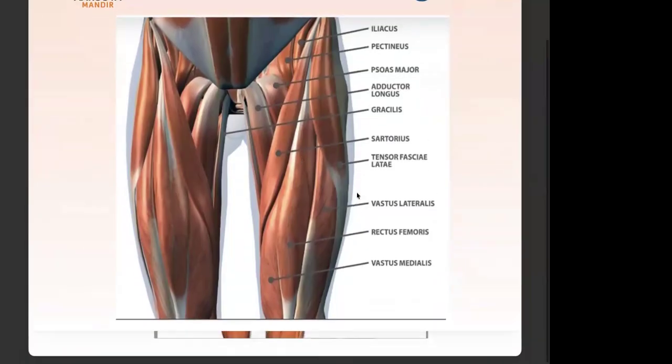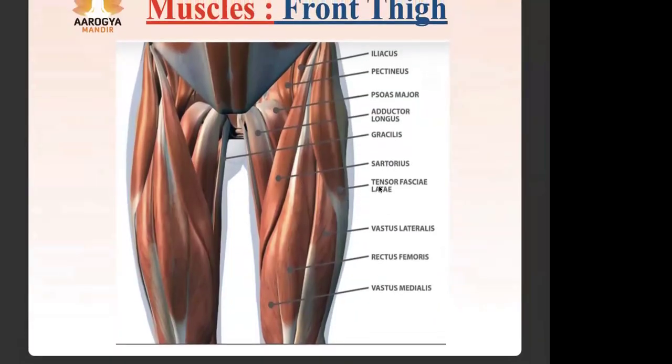Then I was telling you about the abductors, which is tensor fasciae latae. Then you have the quadriceps in the front, where you can see rectus femoris, vastus medialis, vastus lateralis. At the same time, vastus intermedius is below the rectus femoris, so it is not visible over here.